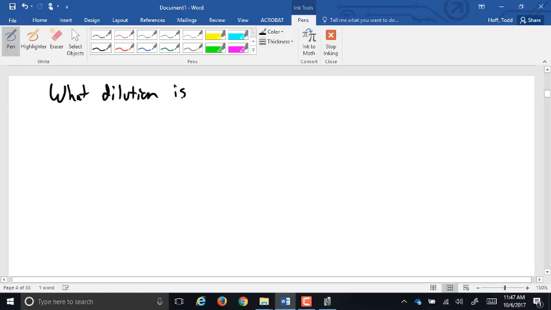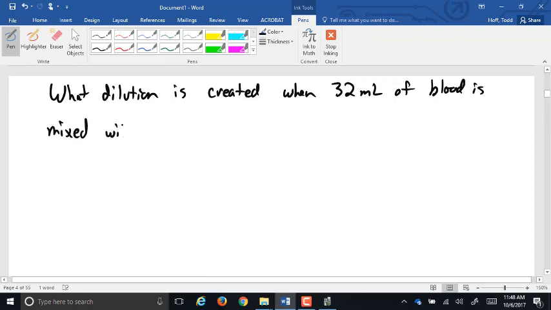What dilution is created when 32 milliliters of blood is mixed with 96 milliliters of normal saline, neutral solution?